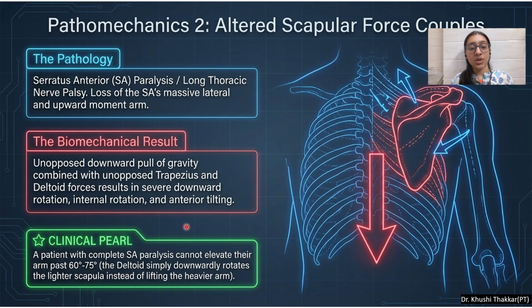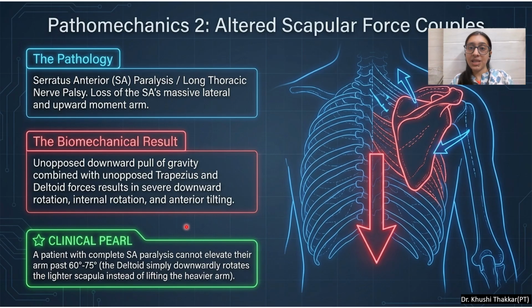A patient with complete serratus anterior paralysis cannot elevate their arm past 60 to 75 degrees. Why? Because the deltoid now simply downwardly rotates. So the deltoid's function is to rotate the scapula upwards.